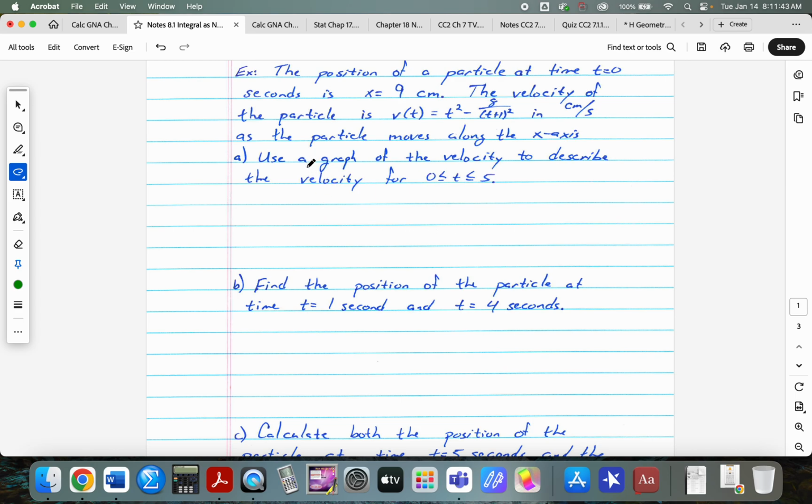So for part A, use a graph of the velocity to describe the velocity on the time interval from 0 to 5. So let's grab a calculator and actually look at that, because I don't know about you, but I have no idea what exactly that looks like.